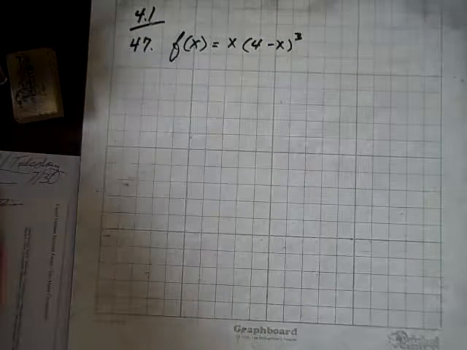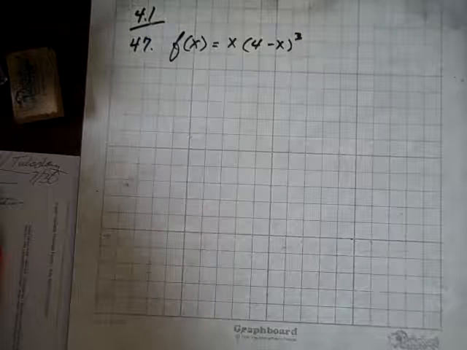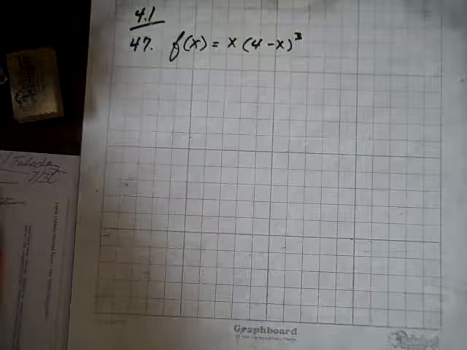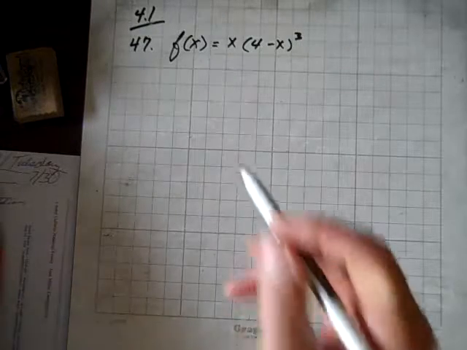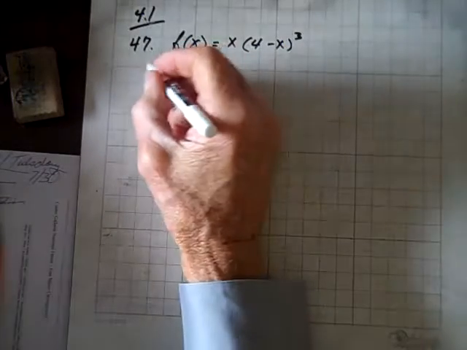Now we have to find the critical points for question 47. That means we're going to take a derivative, set it equal to 0, and see what we get. So let's take the derivative, and we'll use the product rule.